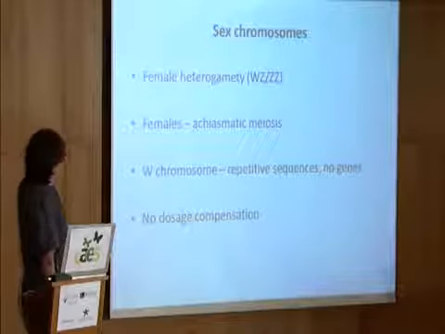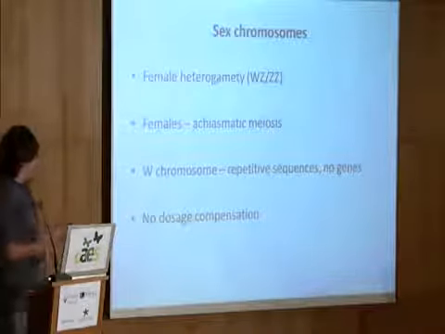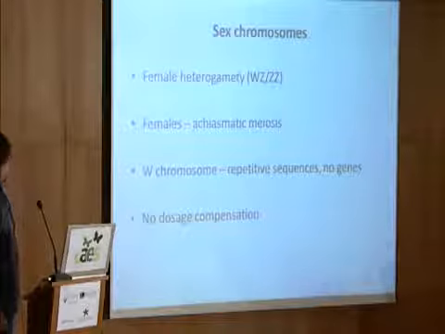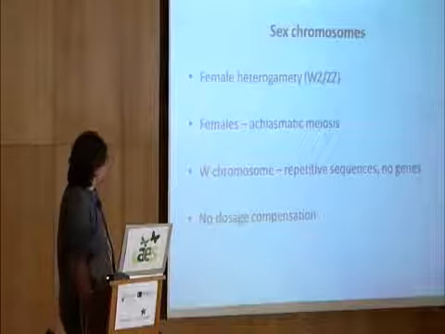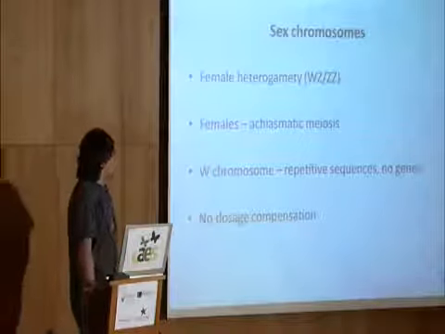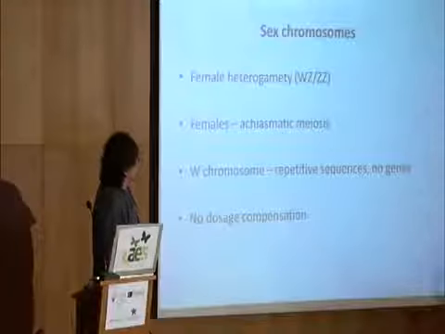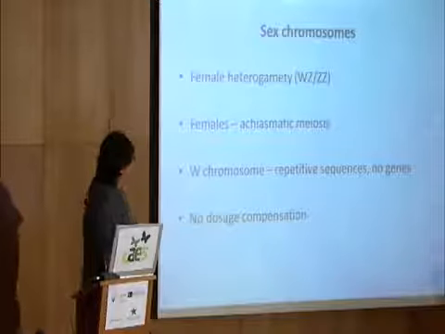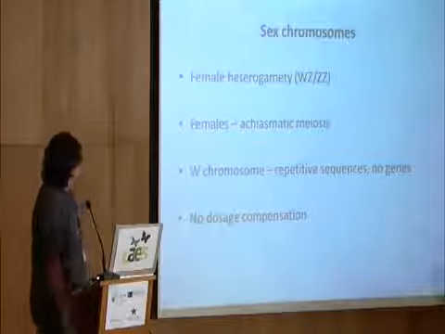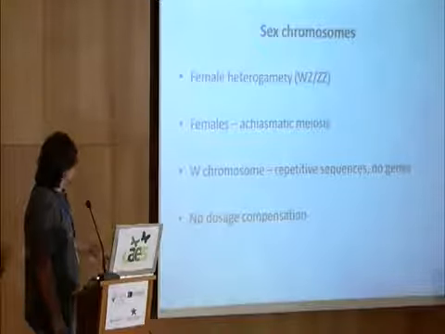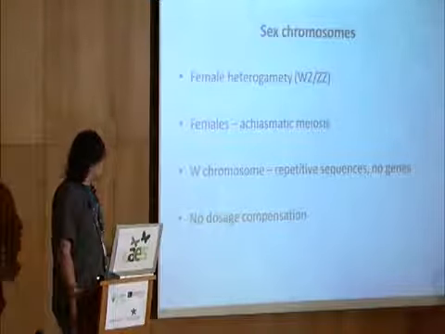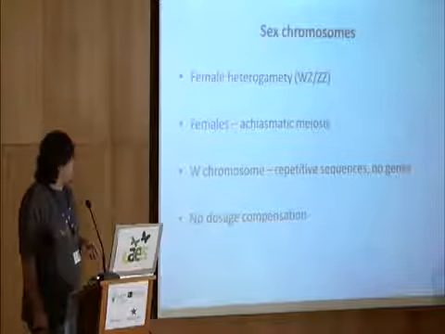And what about sex chromosomes? Well, Lepidoptera, moths and butterflies, are the largest group of animals with female heterogamety, which means that the female has the female-specific W chromosome and the male has two Z chromosomes. Another important and quite unique feature is that females have achiasmatic meiosis.